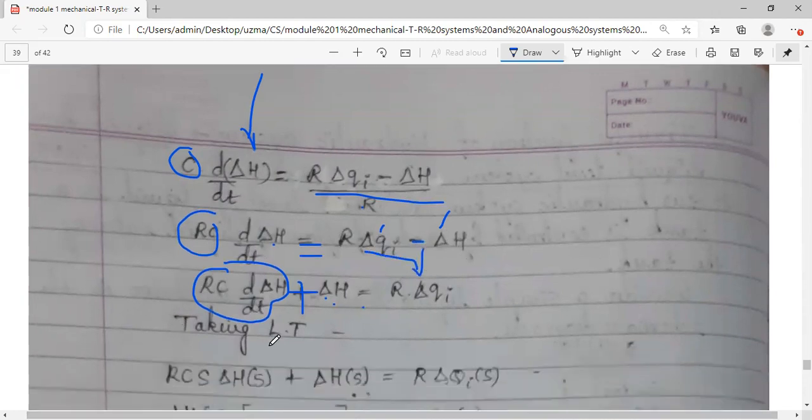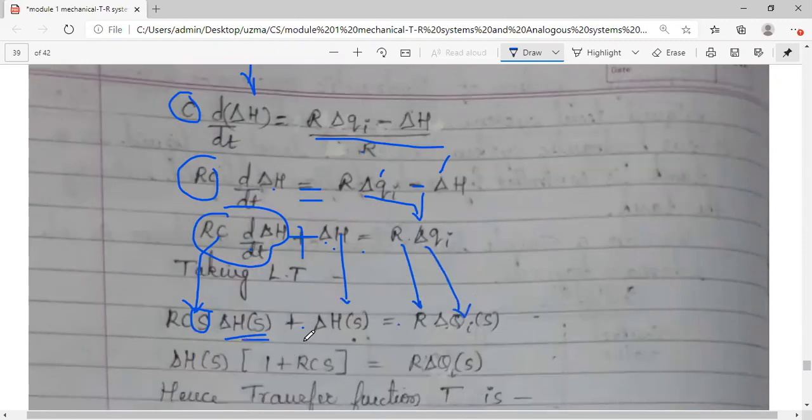Now you can take the Laplace transform. You have RC, with one-time differentiation, take S. RC S delta H of S plus delta H of S is equal to R delta Qi of S. Now delta H of S is common in two terms. You can take it out. You are left with 1 plus RCS.